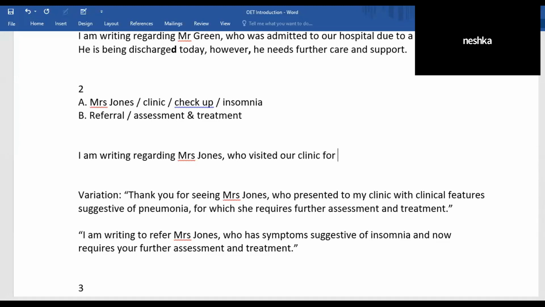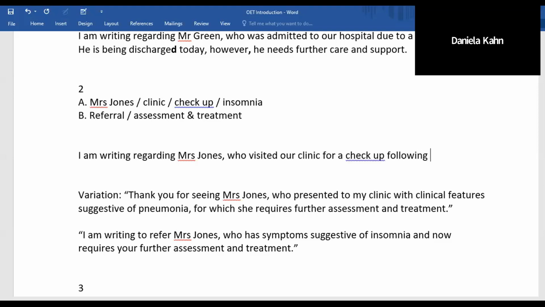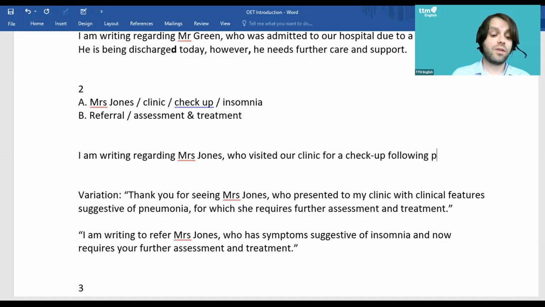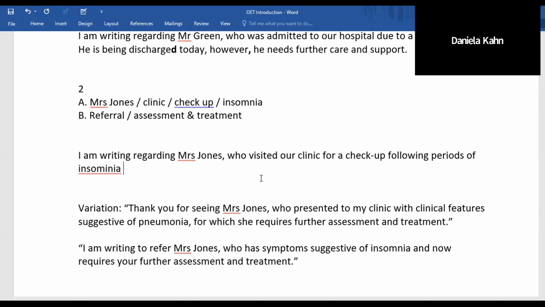For what? For a checkup. It could be for a checkup, yeah, for a checkup, because it's something planned. For a checkup following a period of insomnia. We would say this is difficult. Yeah. Insomnia. Okay.